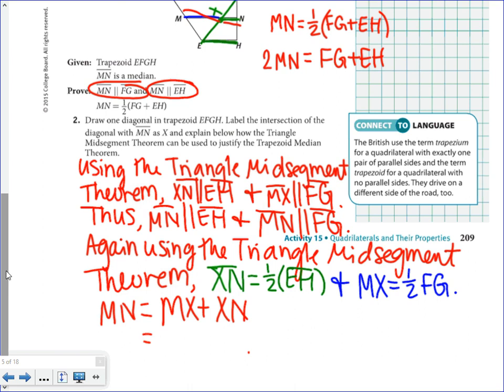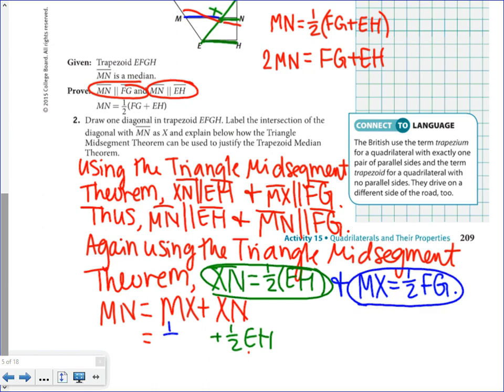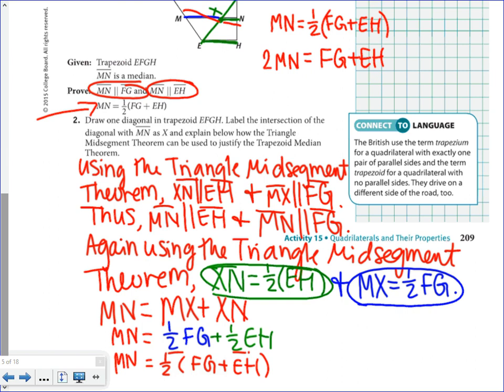And we know from here that XN is 1/2 EH, and we know from here that MX is 1/2 FG. And if you see, they both have a 1/2 that we can factor out to give us FG plus EH times 1/2 is going to equal MN. And that's what they were trying to get you to prove there.